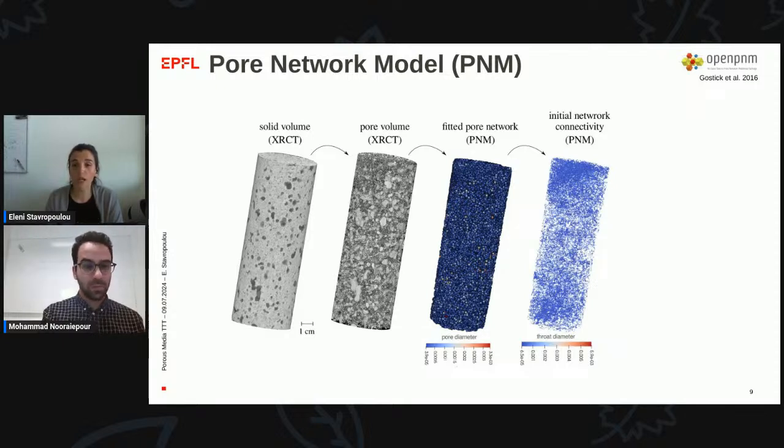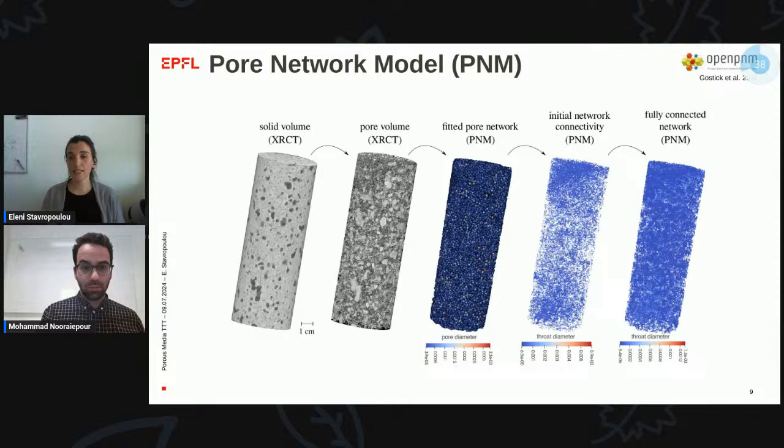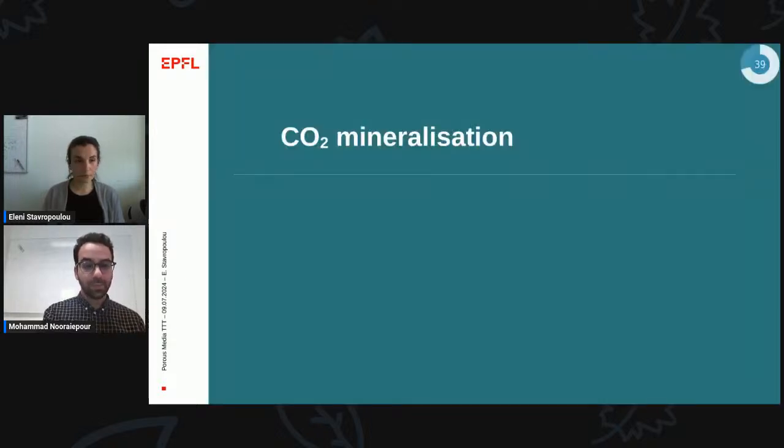We were not able, directly from this algorithm, to perform the flow simulation along the total height of the material because our network was not fully connected. This is related to the distance of the pores and the resolution that we have from our image. But this is a result. So in order to overcome this problem, we manually added some additional throats to create a fully connected network and perform our simulations.